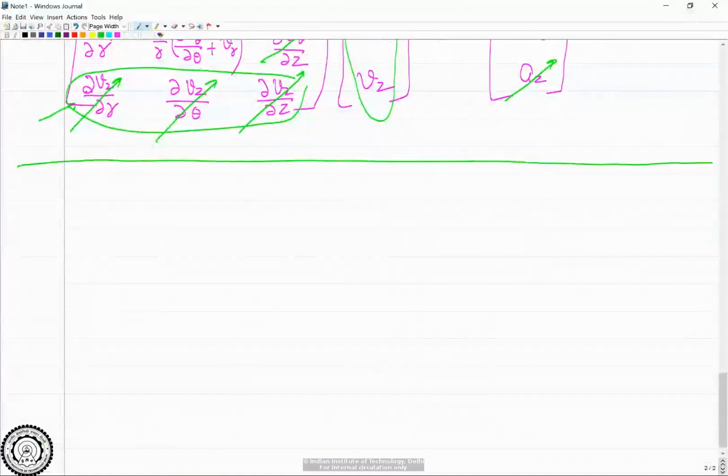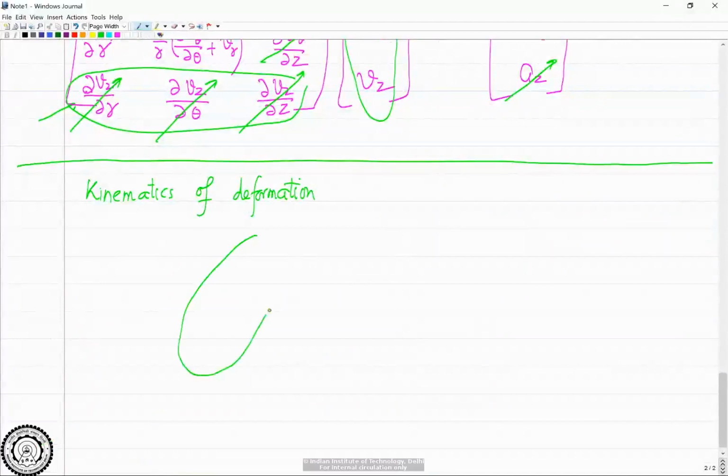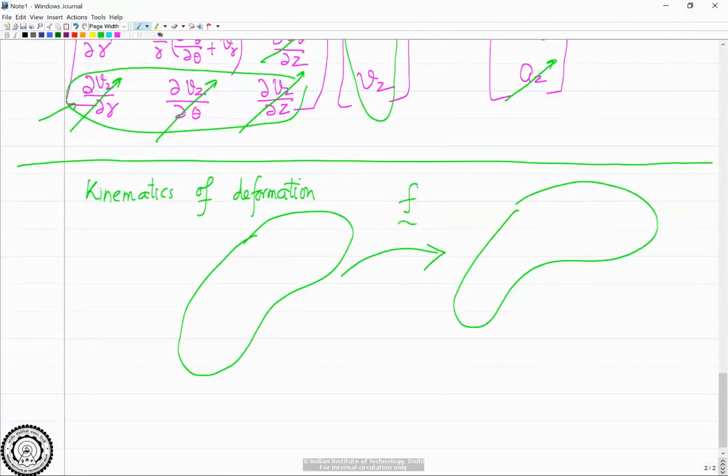Now you can recall we also learned the kinematics of deformation, where we had a body in the reference configuration and then it was deforming. Deformation map F, and we presented a very general picture. So let us see some of the simple deformation maps.